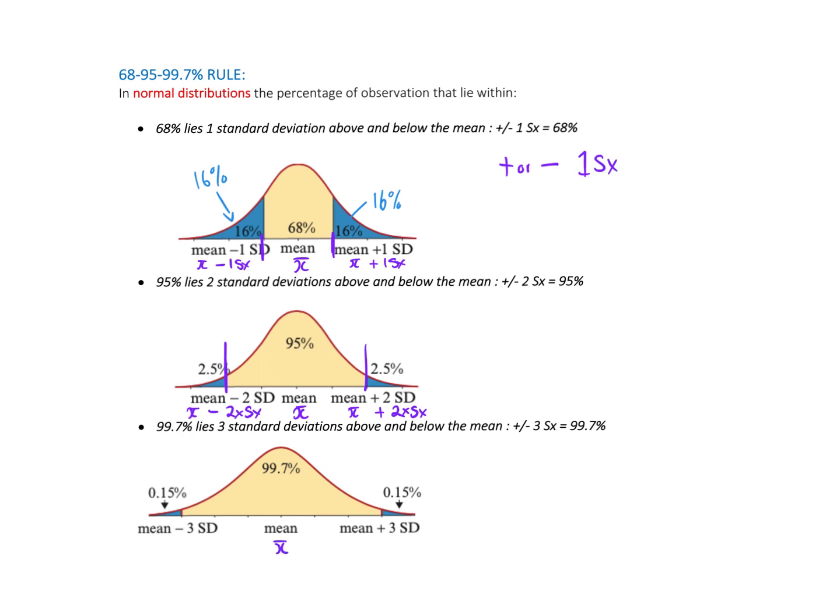We'd have the mean plus 3 standard deviations, or the mean minus 3 standard deviations. When we get there, we get 99.7%. So when we've done 3, we've nearly got the whole data set. We often say that's a majority, but it's not quite. You do have these tiny little tails.